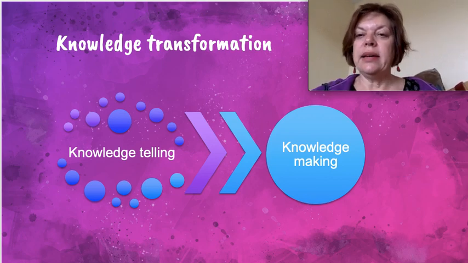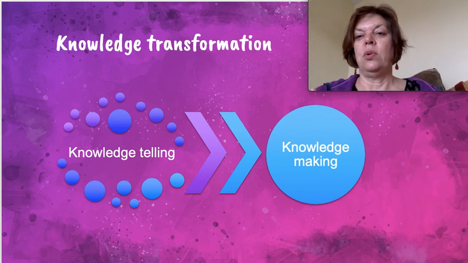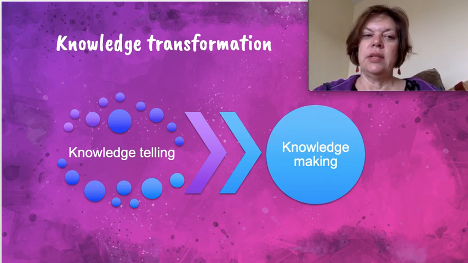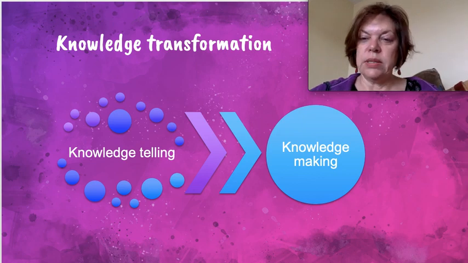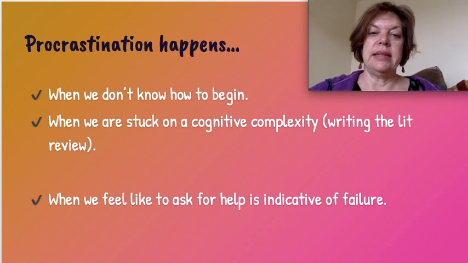We have to select, synthesize, evaluate, and then pull it together into a coherent, new whole that is original. So it is very complex and it's important, and it can be the reason why you get stuck. That's what I'm trying to get at.